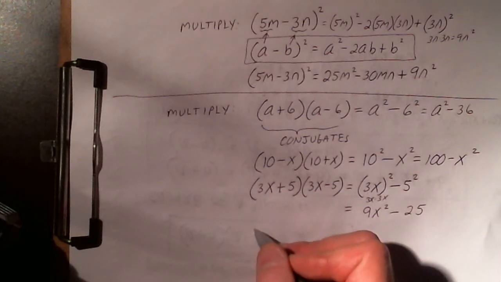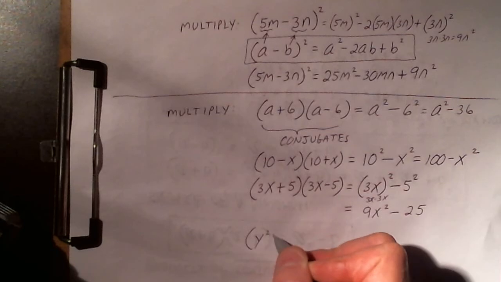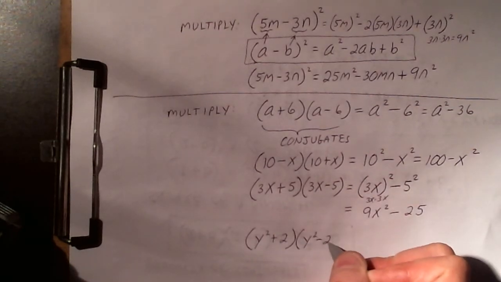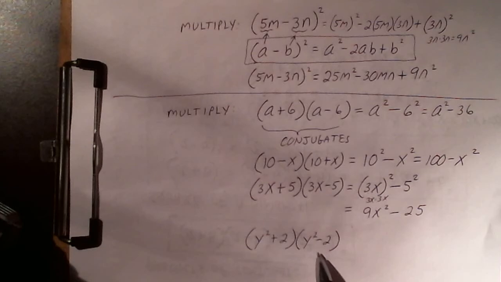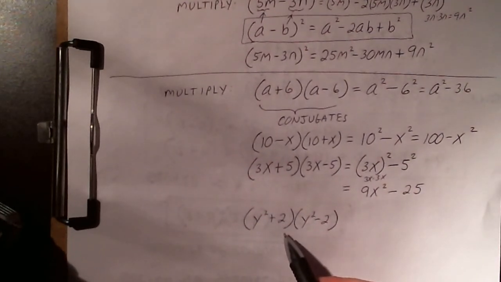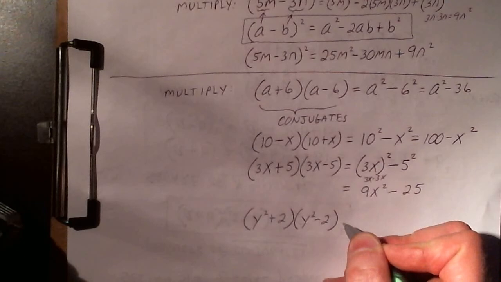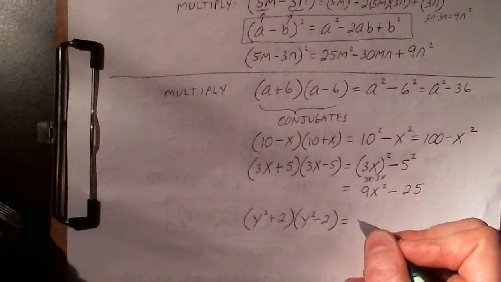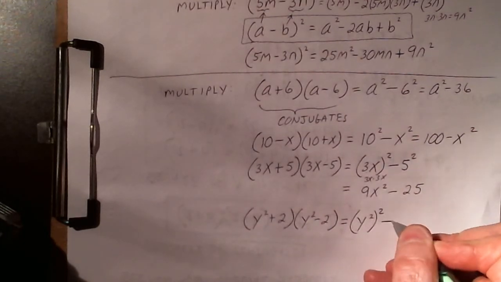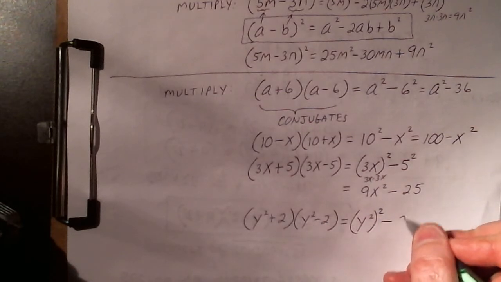Okay, we'll do one more here. y squared plus 2 multiplied by y squared minus 2. These are conjugate binomials, and because they are, they adhere to the same pattern that we used on the ones above. That's to say, we just square the first term minus, and then we square the last term of the binomial.